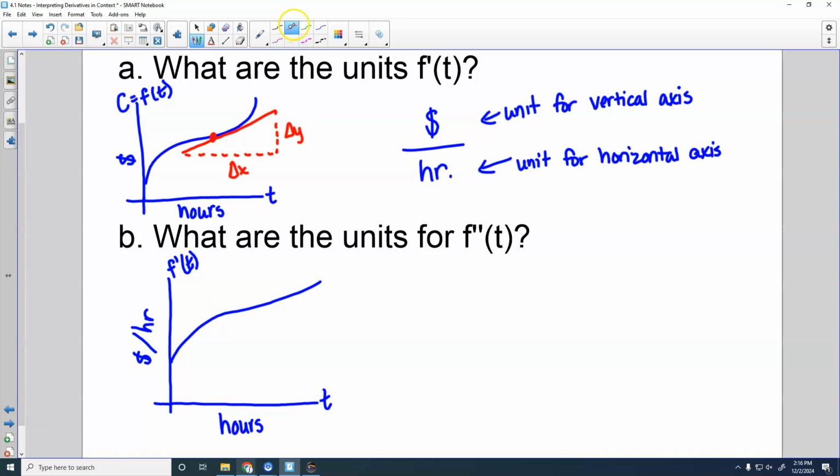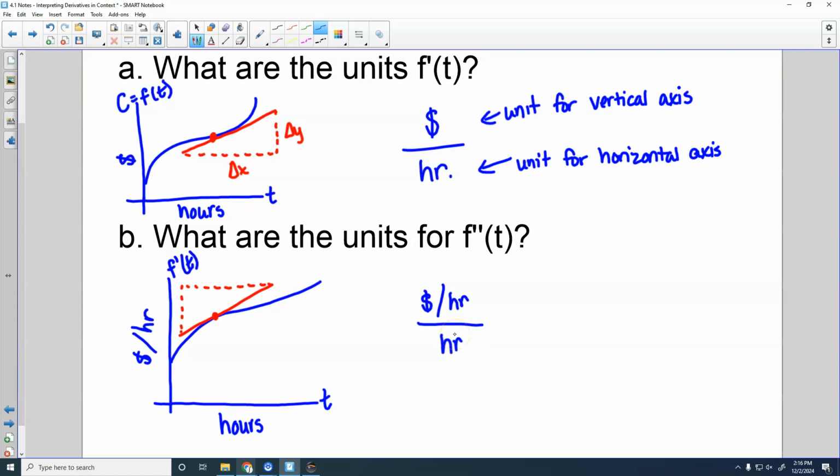So if I find the slope of a tangent line here, and I do my change in my y over my change in my x, then what are the units for my vertical axis? Dollars per hour. And then what are my units for my horizontal axis? Hour. Now, there's a few ways that you can write this.